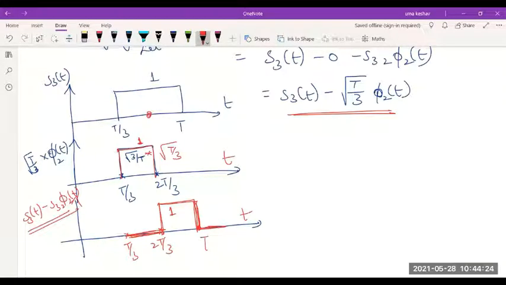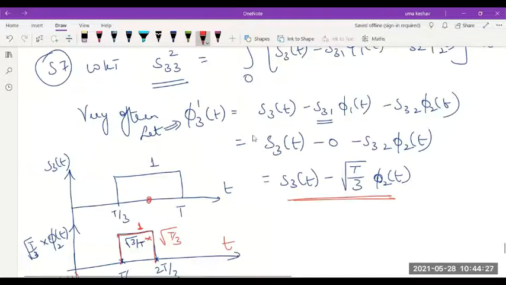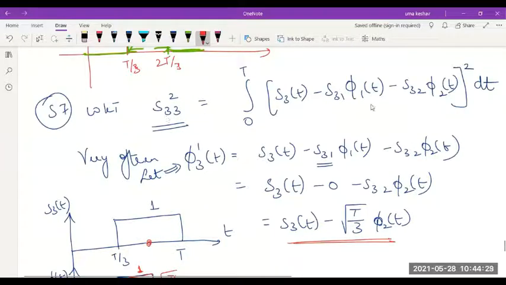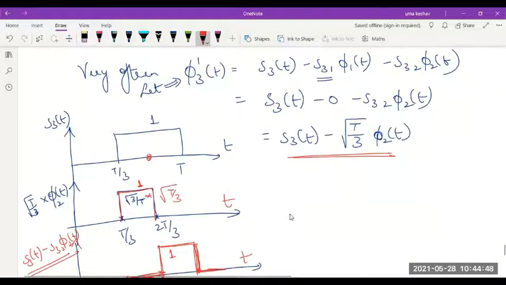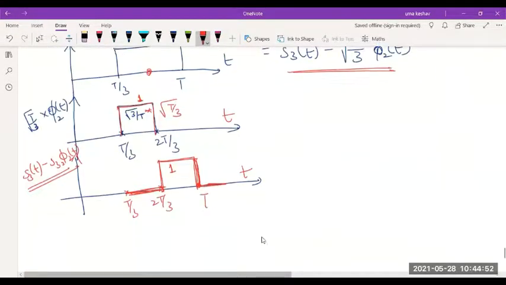And what are we supposed to find? S33. I'm supposed to take this phi 3 dash, which is, you see the signal inside here: S3 minus S31 phi 1 minus S32 phi 2. You have to find the energy of this signal. Square the signal and integrate it. So let me try to find what will be the energy under this signal. How do you find the energy under the signal?